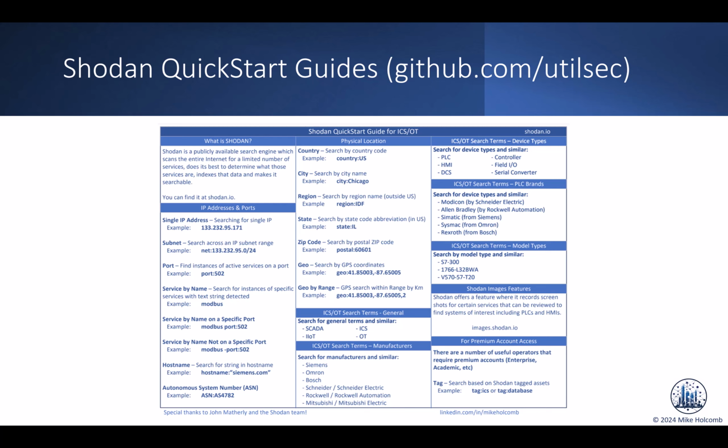I do have some quick start guides, basically cheat sheets for Shodan, and you can find them on my GitHub. There's a repository that not only has cheat sheets for Nmap, but for Shodan. There's one for just general IT, and then there's one specific to control systems, ICS OT.